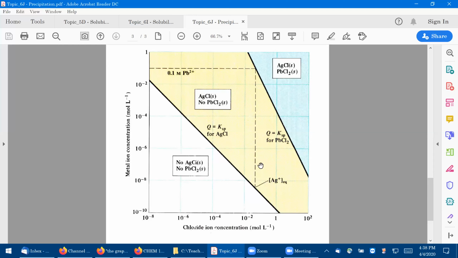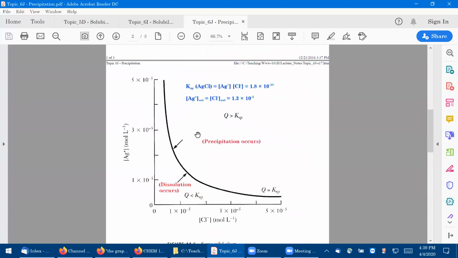And because the KSPs differ by several orders of magnitude, I essentially have what amounts to practically 0 silver ions left in solution, but the lead chloride is still in solution. And that's how this so-called selective precipitation happens. And it's all because of this effect right here, the so-called common ion effect.